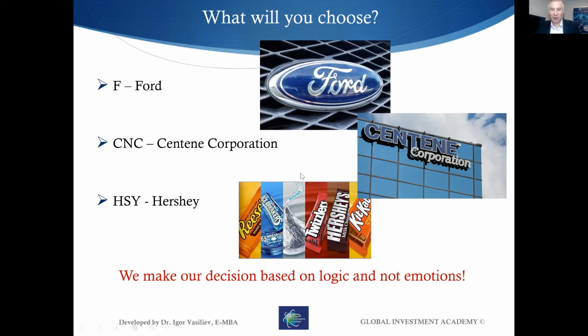Centene Corporation provides health care for Medicare, more like the public sector, all this health care in the United States. So guys, the question: which share will you buy? In which company will you invest? In which company won't you invest? Okay, CNC, need to analyze first. I can eliminate Ford for personal reasons.